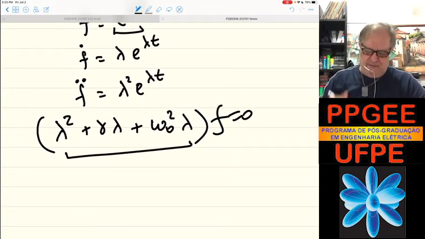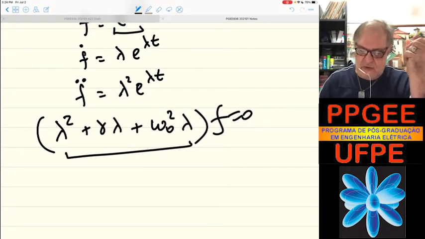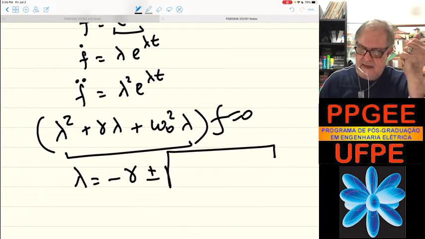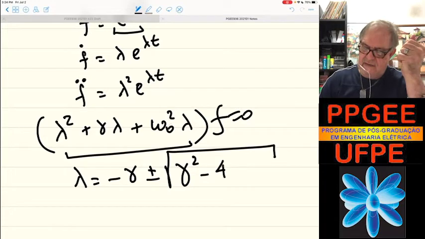We can find the roots. We have 2 roots, which means we have 2 independent solutions. So lambda equals minus gamma plus or minus the square root of gamma squared minus 4 omega 0 squared, over 2.